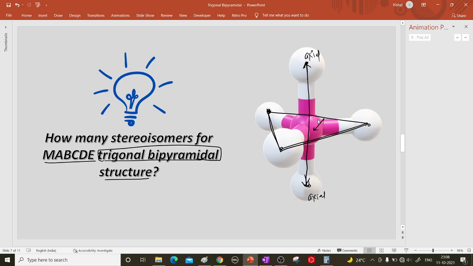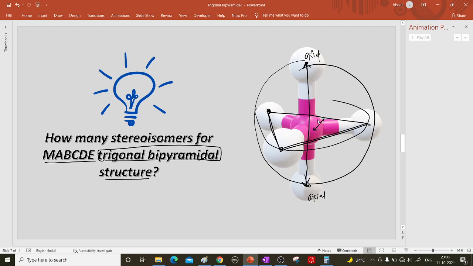We take these 3 positions, so they constitute a triangle. You can imagine Earth in this way, and then you can feel that these positions are on the equator. So that's why these positions are called equatorial, denoted by EQ, and these 2 positions are called axial, like North Pole or South Pole on Earth.